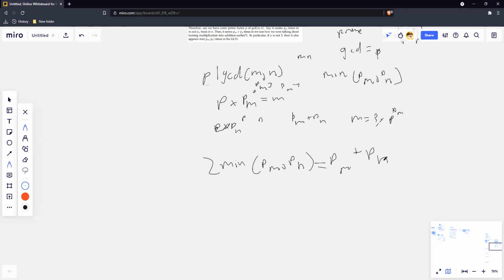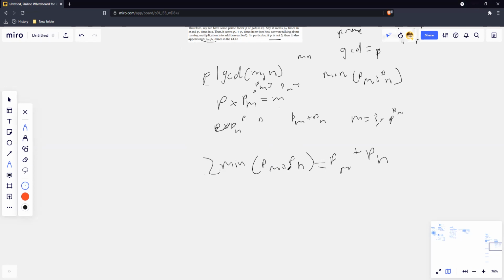Okay, so that's basically an equation. That's how we got it. So since we're using the fact that in particular, if p is not equal to 3, let's assume p is not equal to 3, then it appears at least this many times in the GCD.